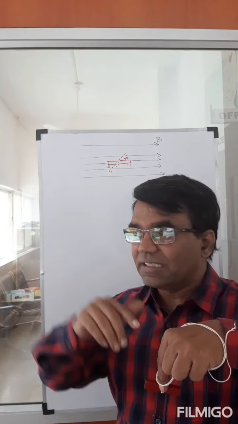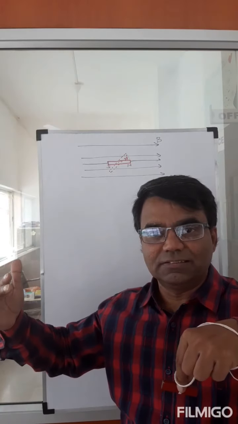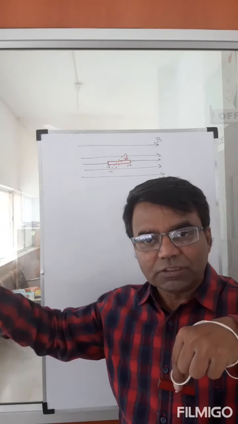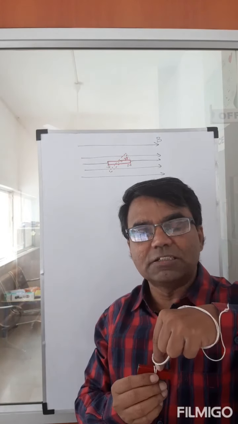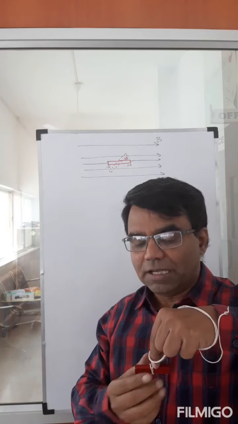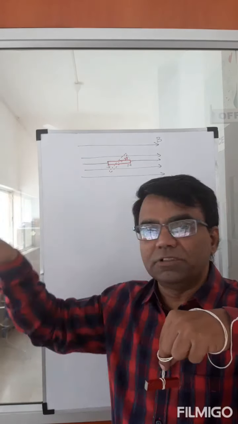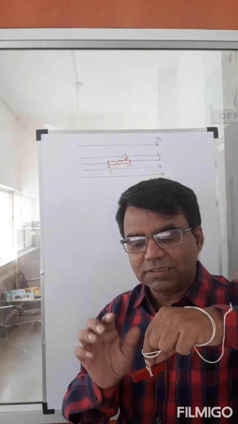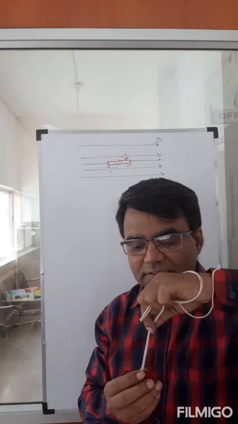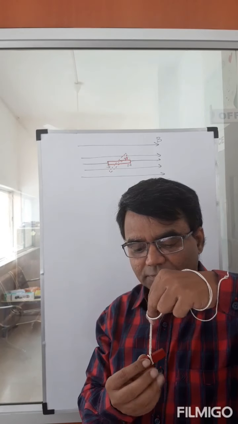Now this is kept in the external field of the Earth magnet. So the Earth magnet produces a field, and I have kept this magnet in that external field. So all of us are immersed in the Earth's magnetic field. So anyway, this bar magnet is now in the Earth's magnetic field.